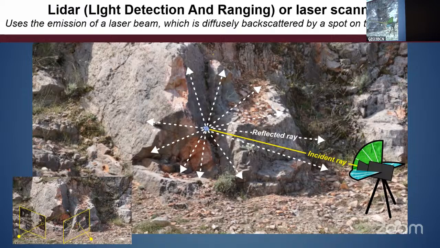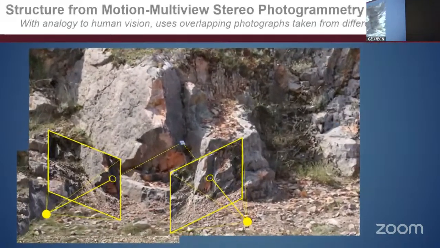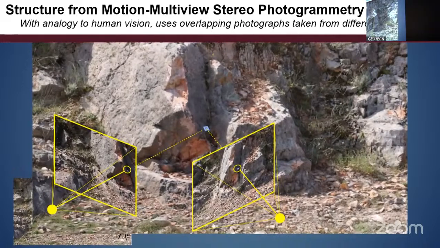Pretty effective, a little bit less portable than photogrammetry, it was widely used until 10 years ago. Now the main mode of scanning outcrops is the so-called photogrammetry, which is structure from motion. Essentially, structure from motion works like the human vision system.